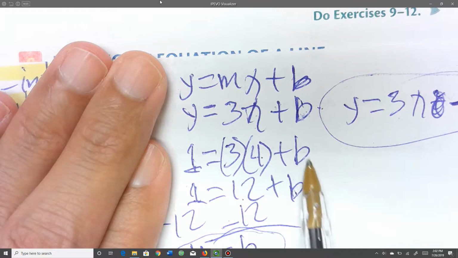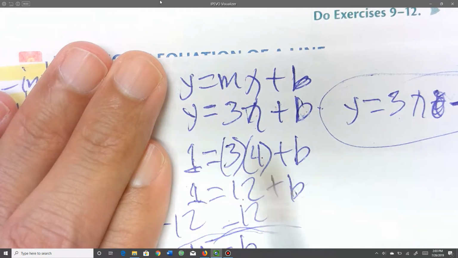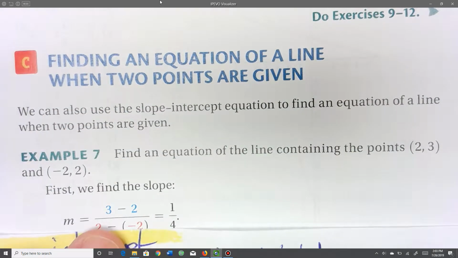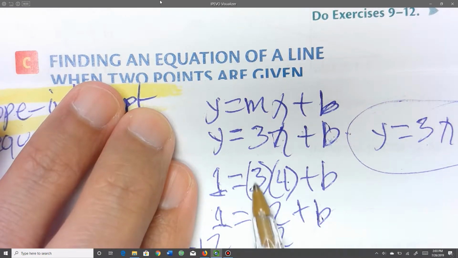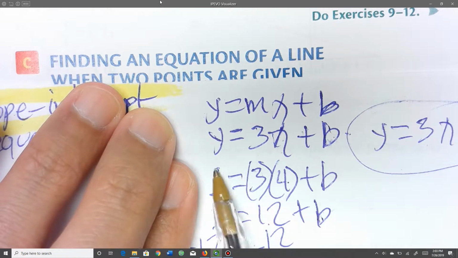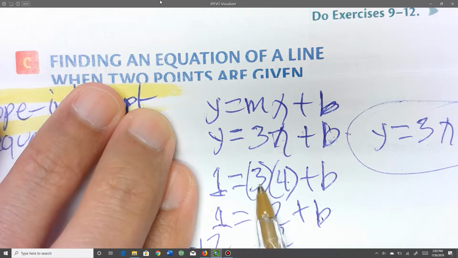That's why we were able to find the y-intercept in the previous objective. In this section though, they didn't give us a slope. Therefore, we need to find the slope first, then we can find the intercepts.